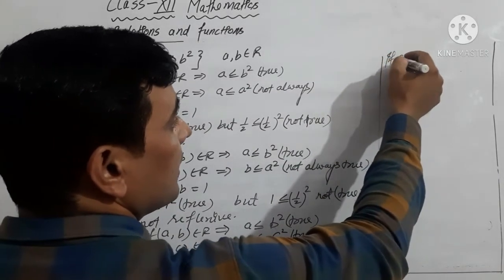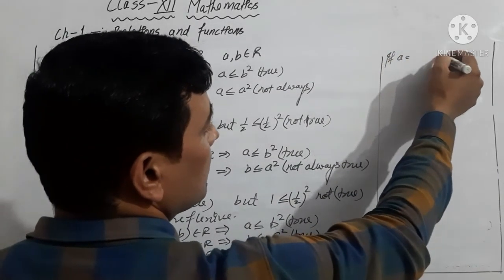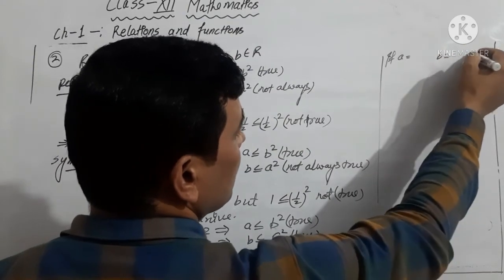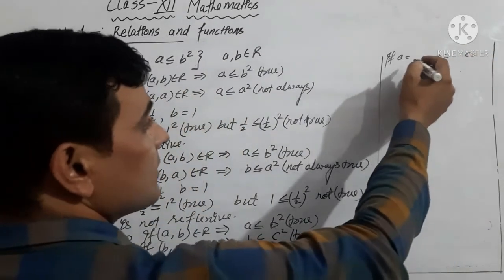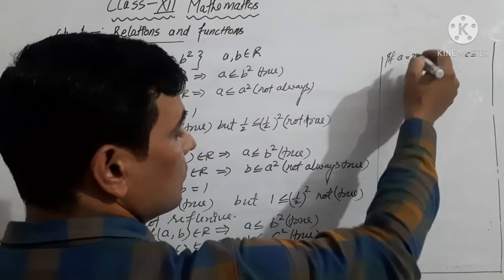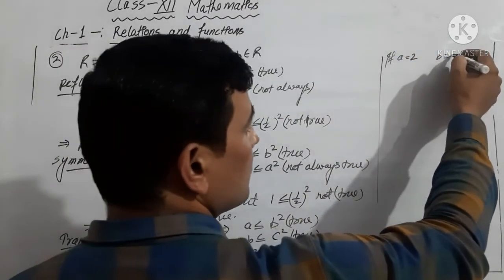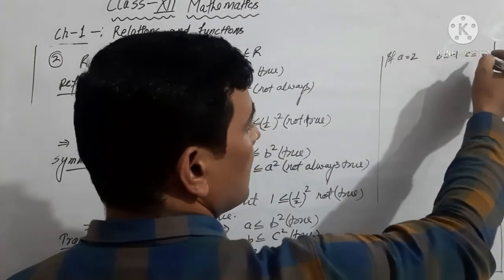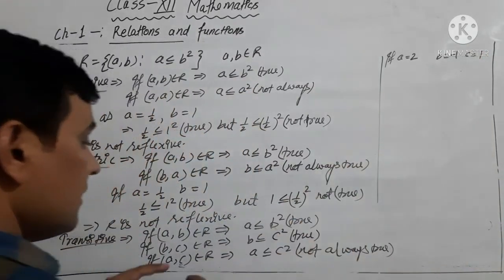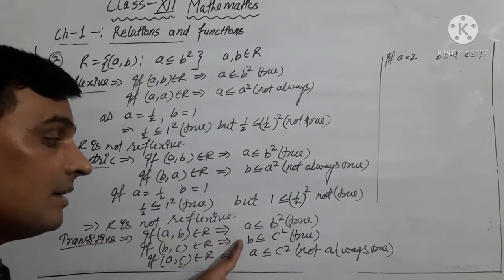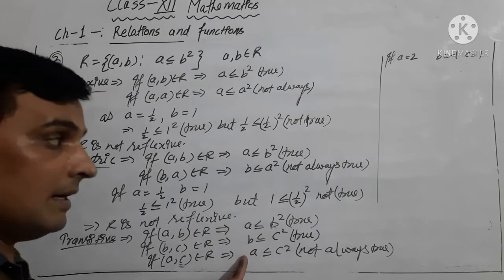Let A equal 2, B equal -2 and C equal 1. First condition is valid, second condition is valid, but the third condition is not valid.